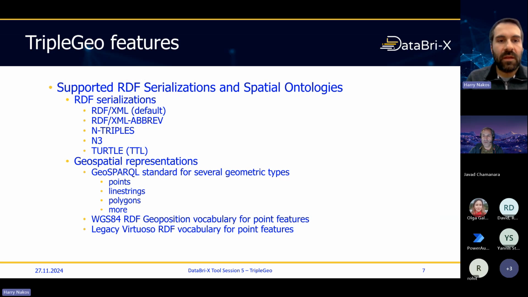And the geospatial representations that are used for the features are the GeoSPARQL standard for all features available, like multi-points, multi-line strings, and multi-polygons, and other vocabularies, the geoposition vocabulary or the Virtuoso RDF vocabulary, which is a legacy. GeoSPARQL is the most used.